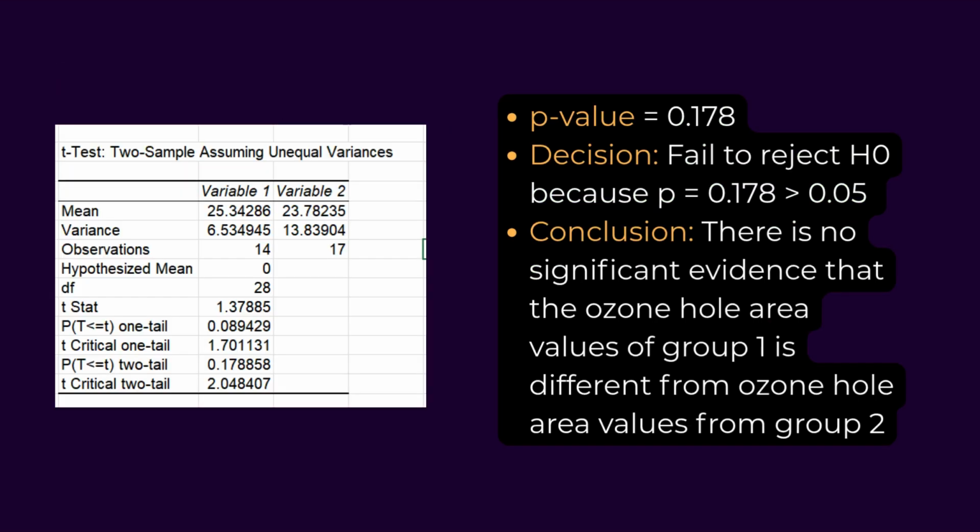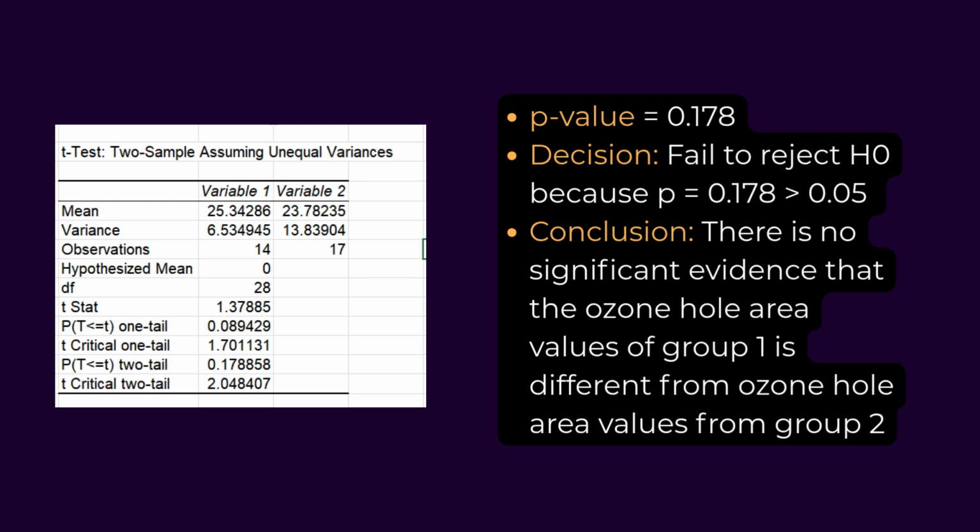We're given the p-value of 0.178, which is larger than 0.05, so we fail to reject H0. Conclusion: there's no significant evidence that the ozone hole area values from group 1 are different from the ozone hole area values from group 2.